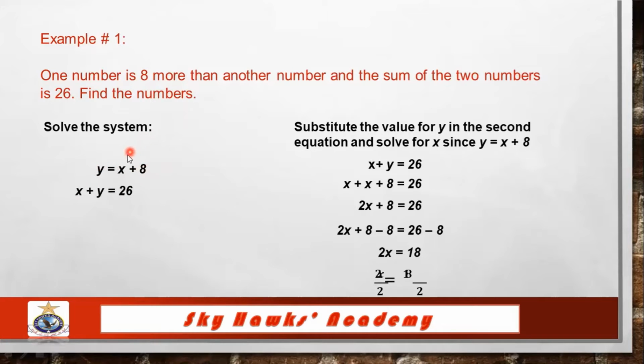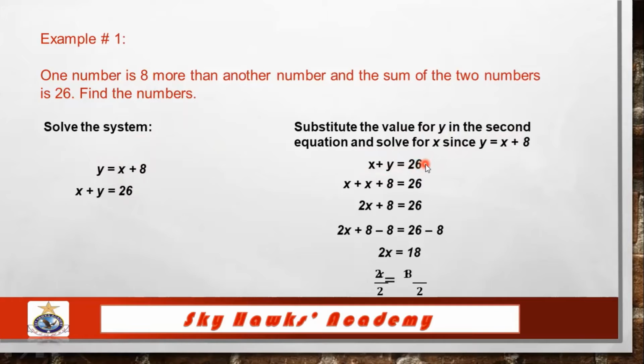We will put the value of x we have already calculated over here, and we'll get the second. How? Substitute the value for y in the second equation and solve for x, since y is equal to x plus 8. So this was the second equation, x plus y is equal to 26.